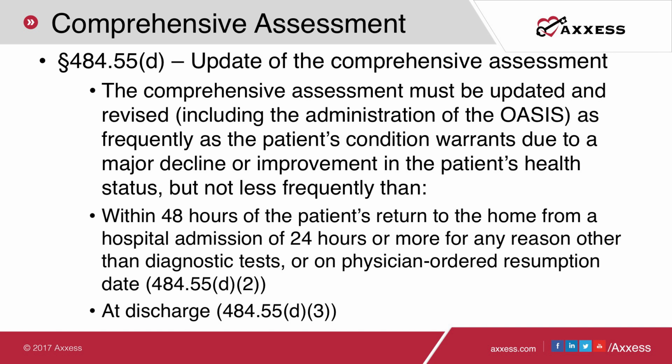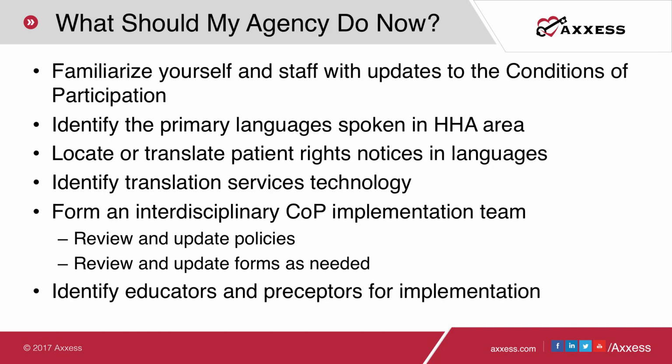So we've covered the patient's rights, we've covered the comprehensive assessment as they relate to the updated COPs. So what should your agency do now? Again, familiarize yourself and your staff with updates to the conditions of participation. You need to identify the primary languages spoken in your home health agency's coverage area.